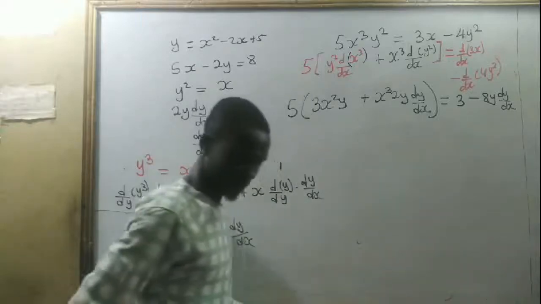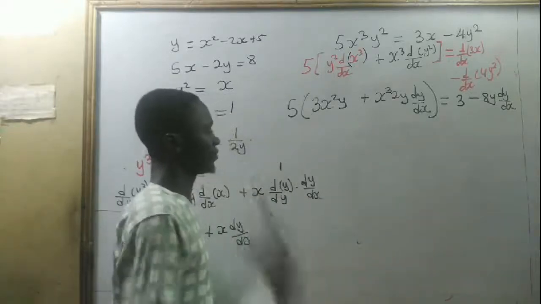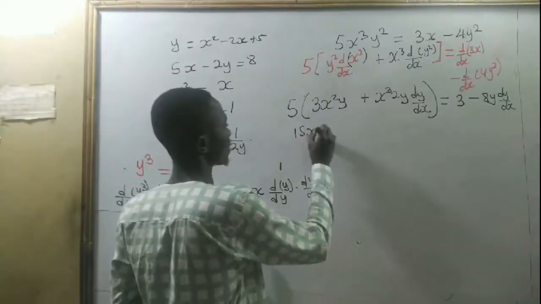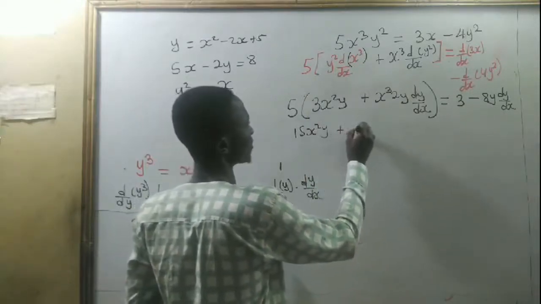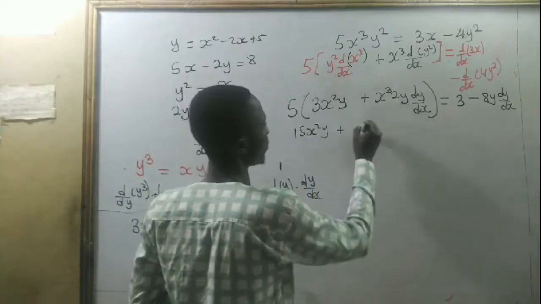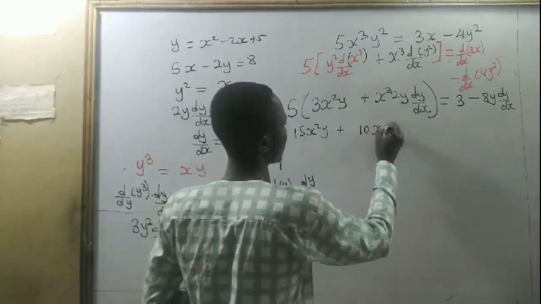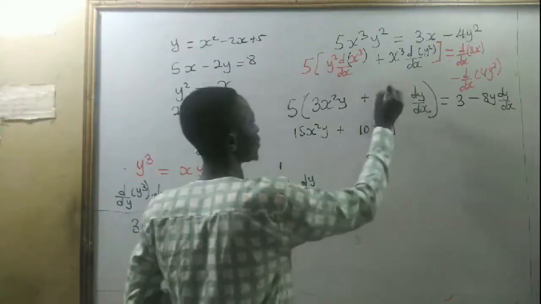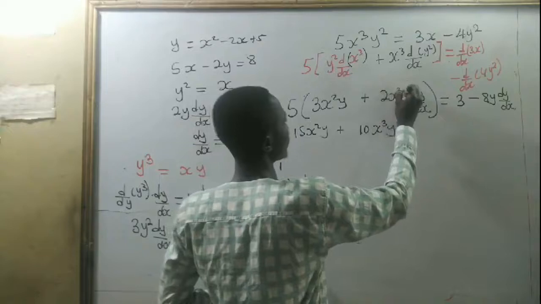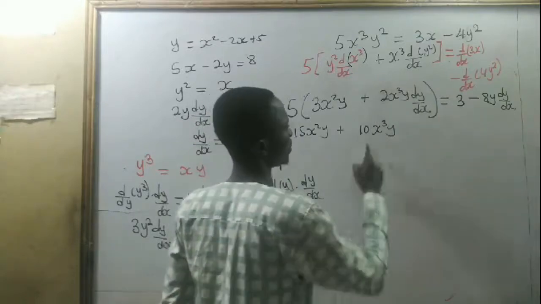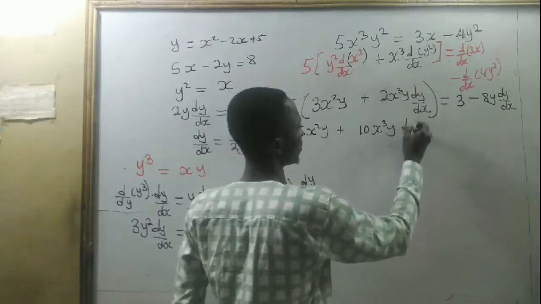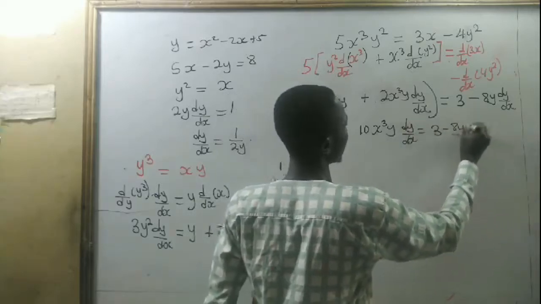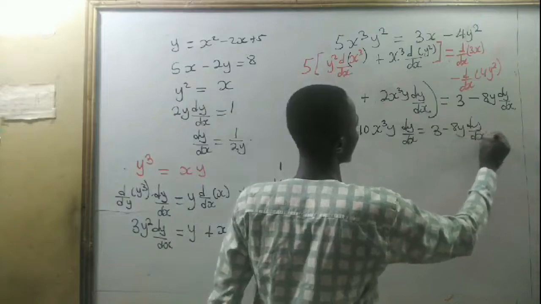So I'm going to multiply through by the 5. And this will give me 15x squared y plus, here the 2 is here, so I'm going to get 10x cubed y. In fact, I should have written 2x cubed y like that. 10x cubed y dy/dx to be equal to 3 minus 8y dy/dx.